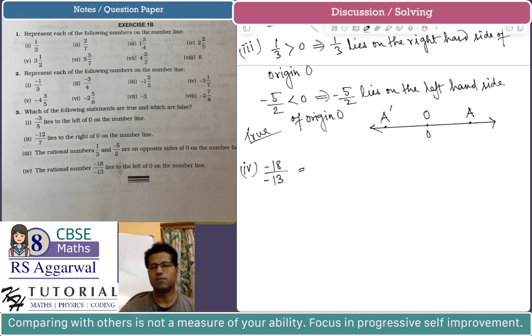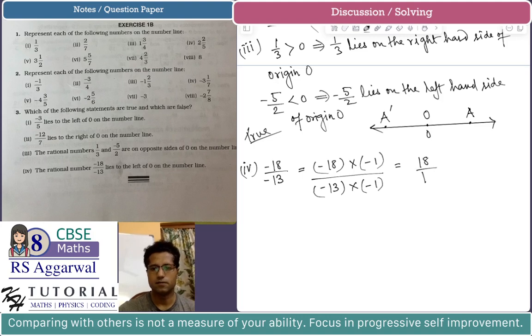To make the denominator positive, we multiply both the numerator and the denominator with minus 1, because we know that any rational number remains the same when we multiply both the numerator and the denominator with some non-zero integer. So when we do this, it becomes 18 by 13. So this is a positive rational number.